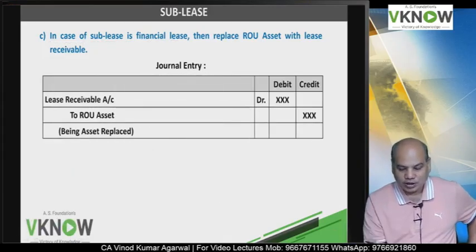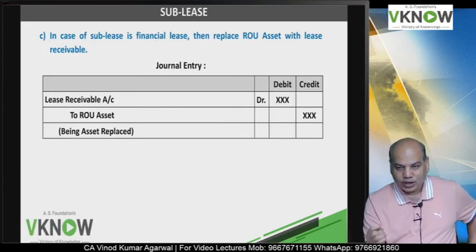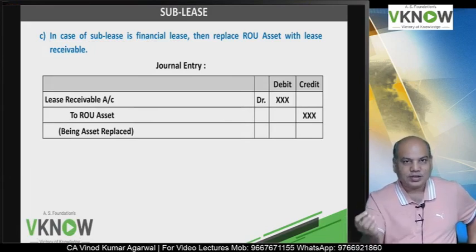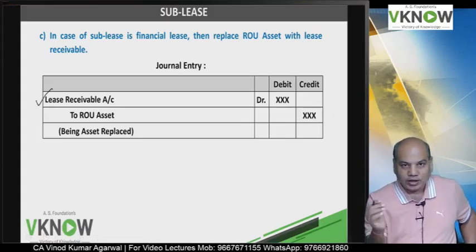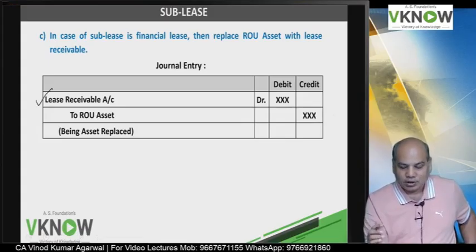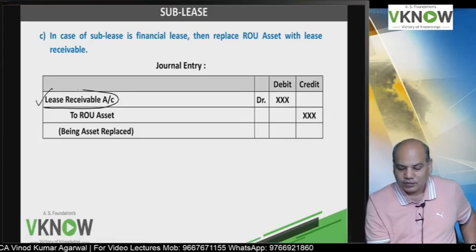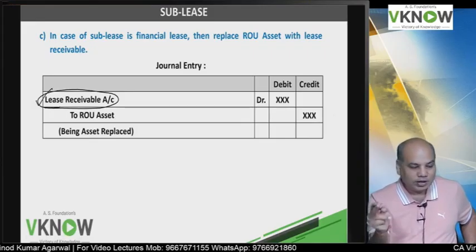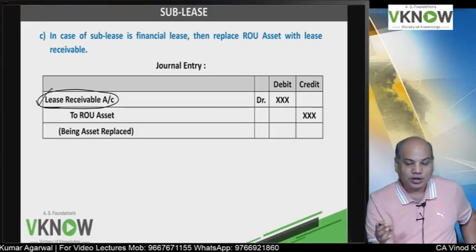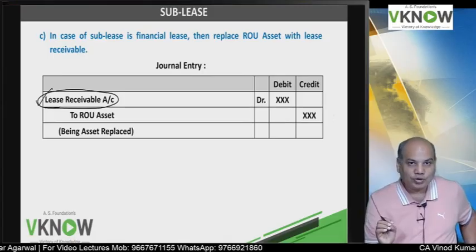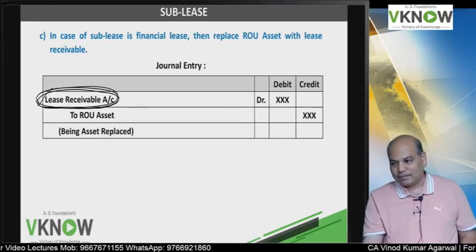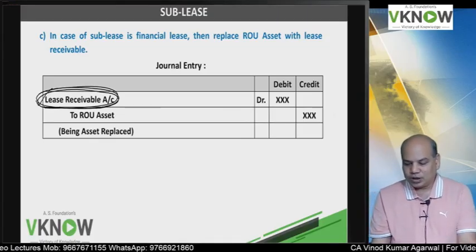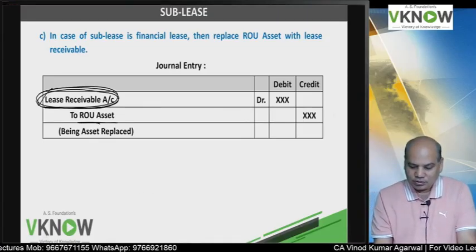So see the journal entry. When you give the asset on finance lease under a sub-lease arrangement, you will recognize lease receivable. How to compute this amount we have discussed. We have taken one question also before this today. We have given one homework also to you before this today. I hope you will do homework today and you will not go into sleep mode. To ROU asset account.